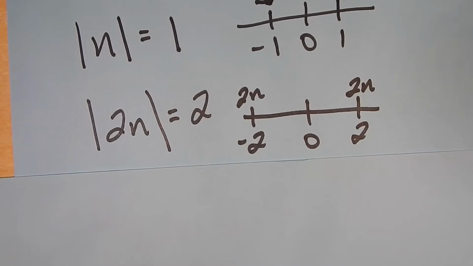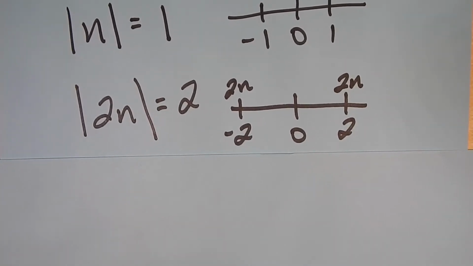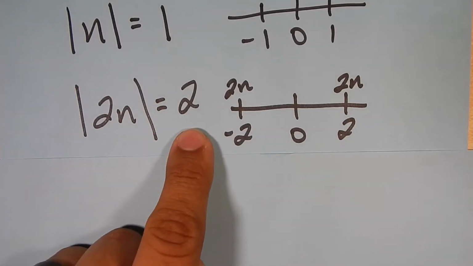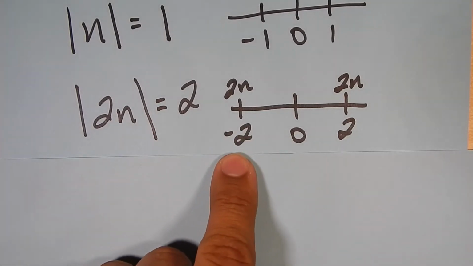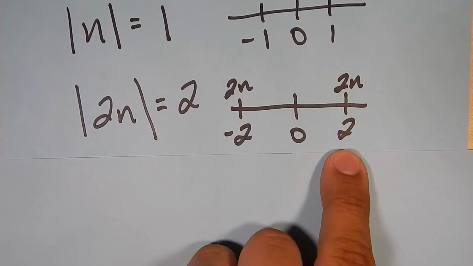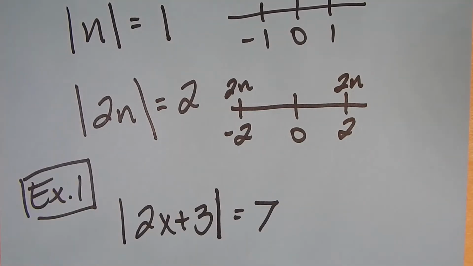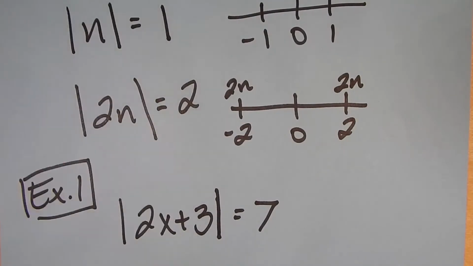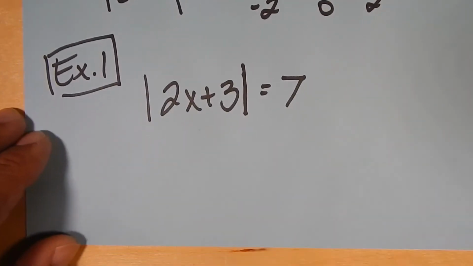Or something like this: the absolute value of 2n equals 2. Well, what that's saying is the distance from 0 that 2n is, is 2. So it could be here at -2, or it could be there at +2. So that's the way to think about that. So let's look at some examples of this, and we will understand this a little bit more.